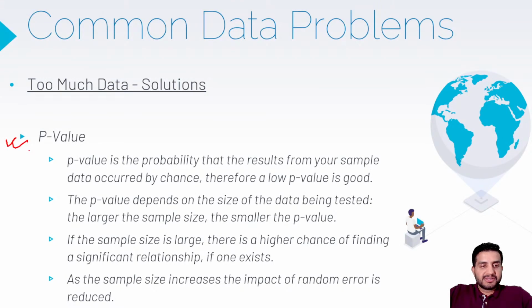The first is the P value or the probability value. The P value is the probability that results from your sample data occurred by chance. Therefore, a low P value is good. We always say hypothesis testing. There is something called hypothesis testing.